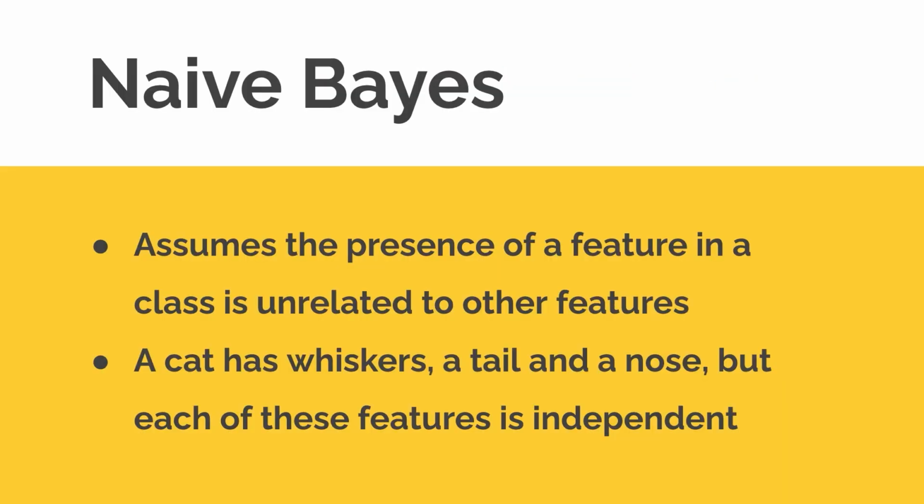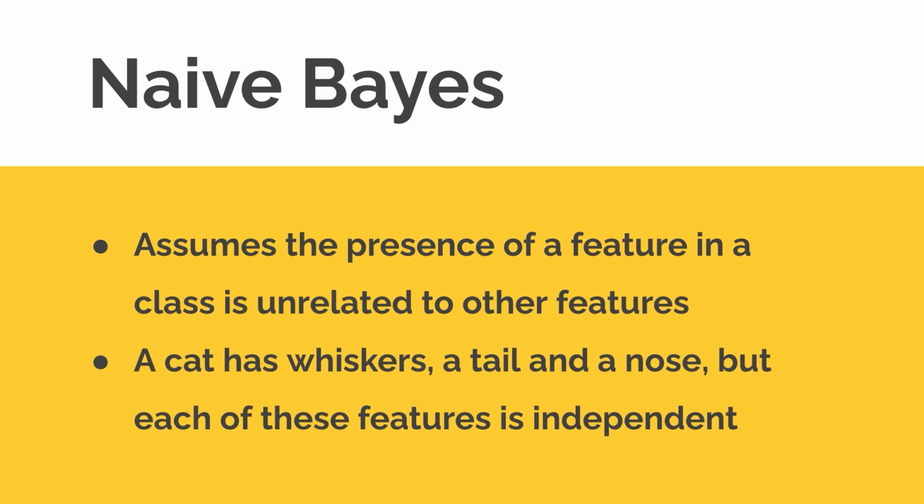All right, and naive Bayes is another example, and this type of classification algorithm assumes that the presence of a feature in a class is unrelated to other features. So this is similar to k-nearest neighbors because they're all similar because they're part of the classification group, right? But with naive Bayes and all the other ones, they just have slight differences that distinguish them from each other. So with naive Bayes, each feature of a data sample is considered independent of all the other features.